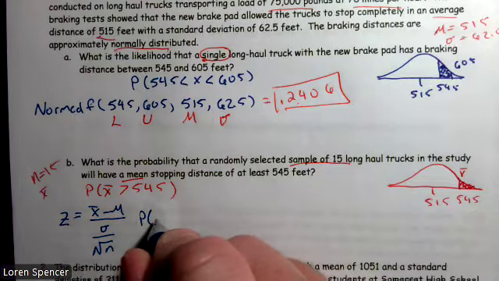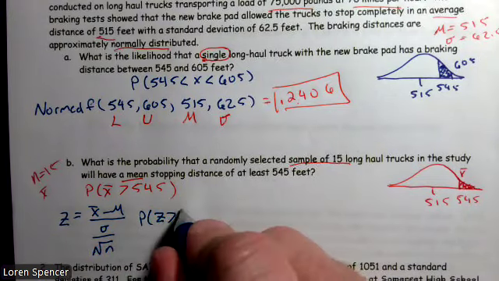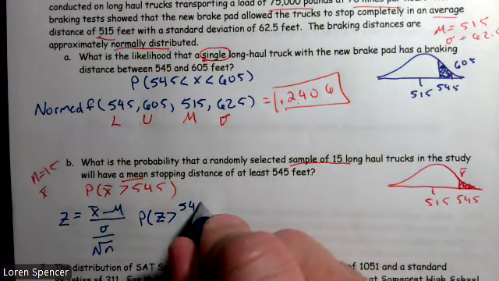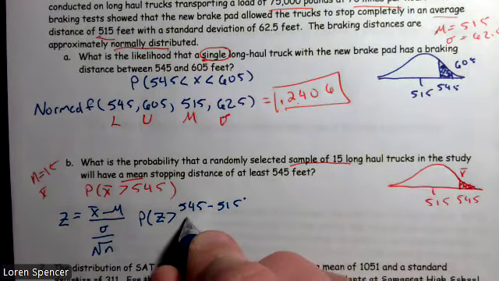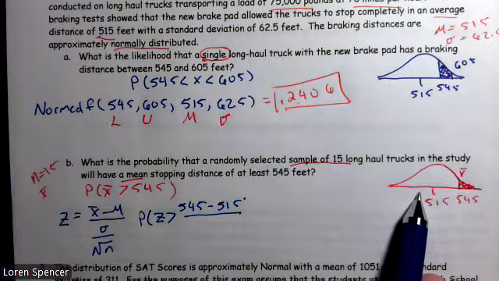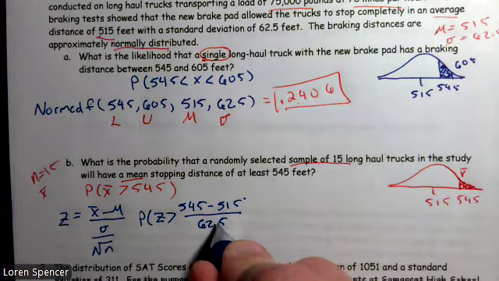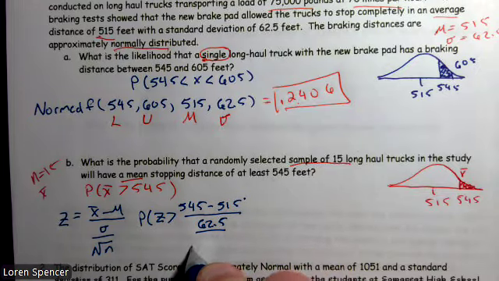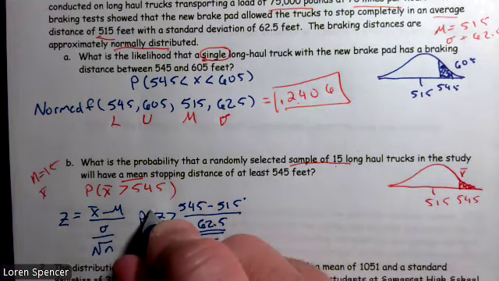So we were looking for the probability that z is greater than x bar of 545 minus a mean of 515. Standard deviation in this case, well, they told us earlier that our standard deviation is 62.5, but we're going to have to do the standard deviation of x bar, which means we have to divide it by the square root of our sample size of 15.